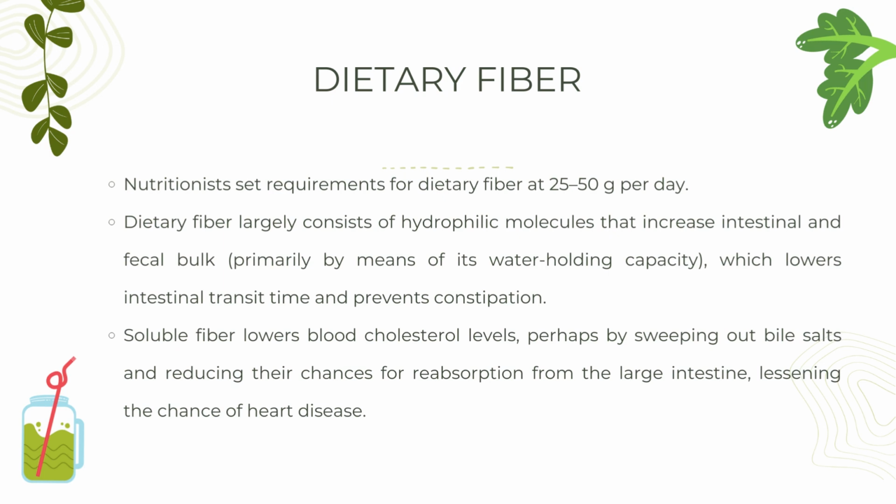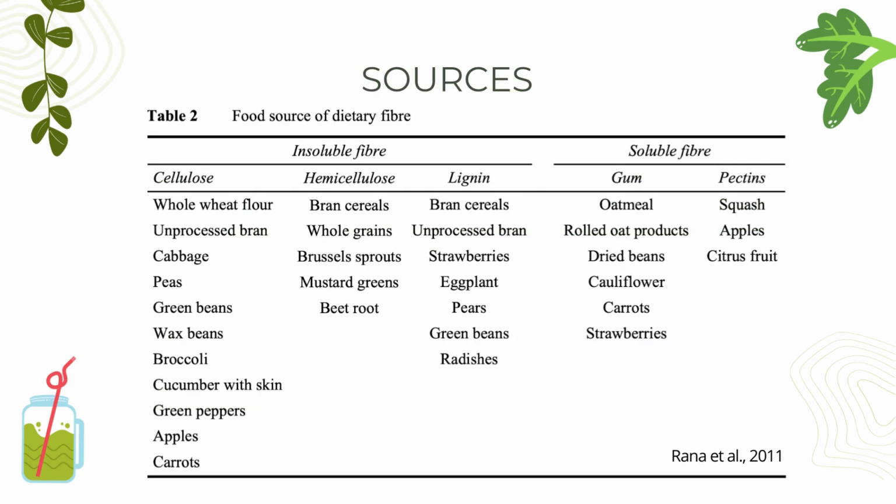Nutritionists set requirements for dietary fiber at 25-50 grams per day. Dietary fiber largely consists of hydrophilic molecules that increase intestinal and fecal bulk primarily by means of its water-holding capacity, which lowers intestinal transit time and prevents constipation. Soluble fiber lowers blood cholesterol levels, perhaps by sweeping out bile salts and reducing their chances for reabsorption from the large intestine, lessening the chance of heart disease.